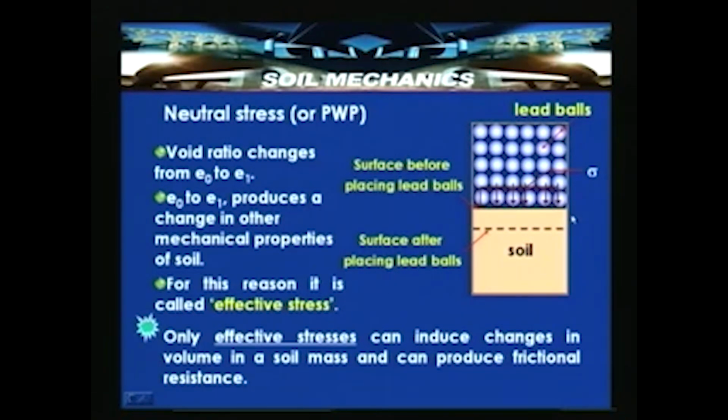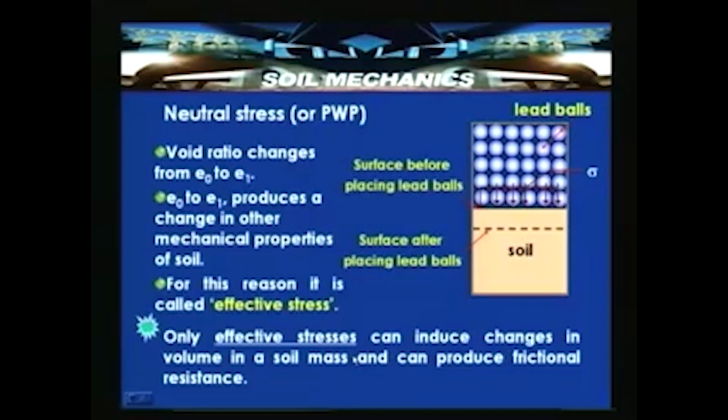Because of this, the void ratio changes from e naught to e1. e naught is the initial void ratio before placing the lead balls with an intensity sigma, and e1 is the void ratio resulting after placing the lead balls.